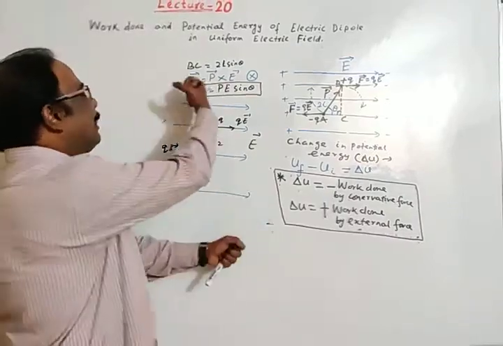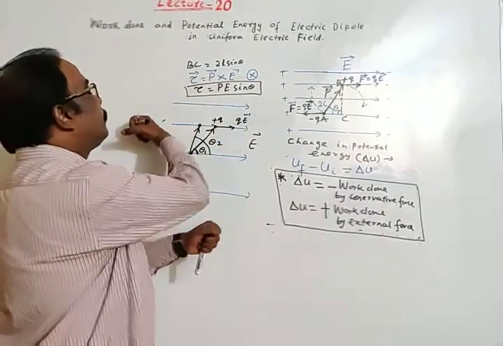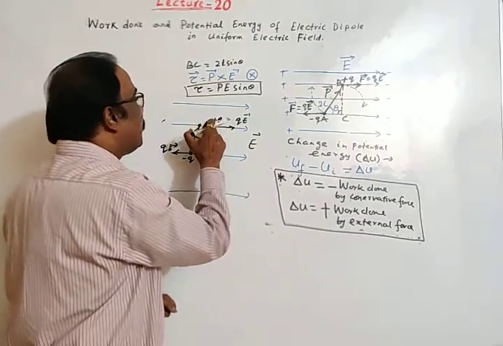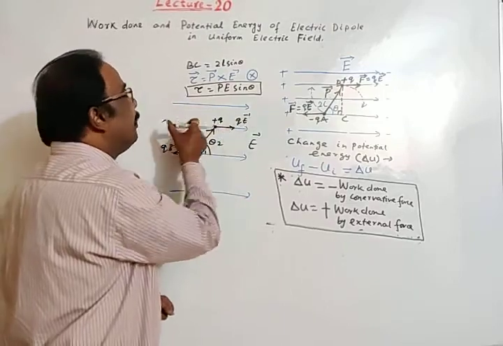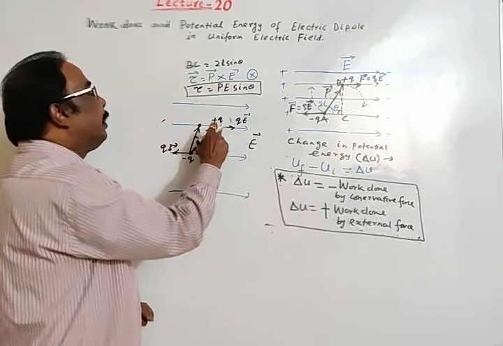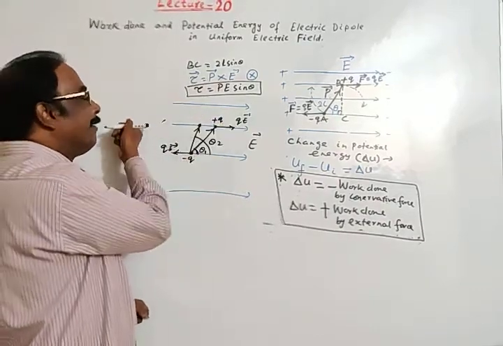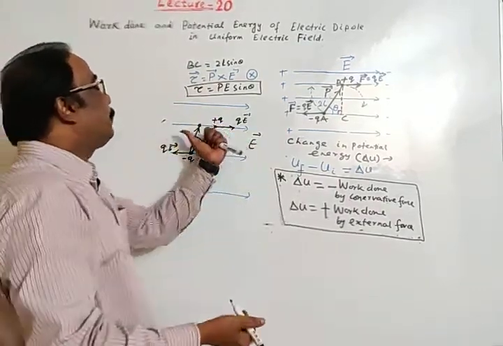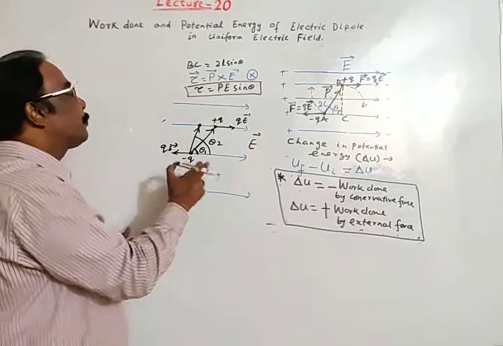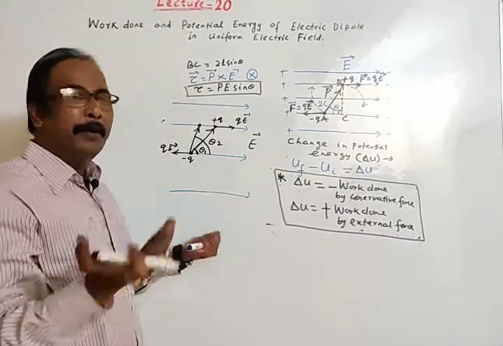So to rotate in anti-clockwise order, the same forces must be applied but in the opposite direction. If the positive charge experiences a force QE along the direction of the electric field, we have to apply the same force QE on the positive charge but in the opposite direction, opposite to the electric field for plus Q. On minus Q, we have to apply a force along the direction of the electric field, but the magnitude of force is QE.